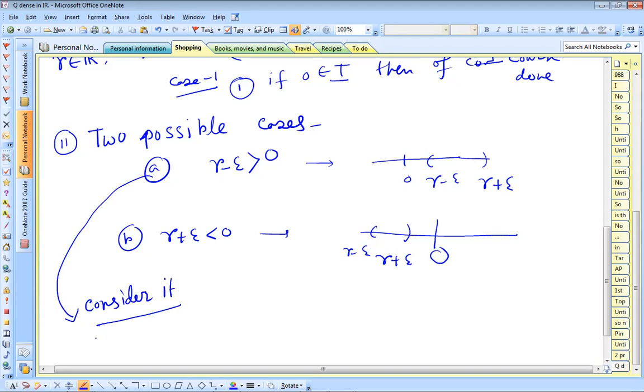Just for the sake of writing, we will take R minus epsilon equal to a and R plus epsilon equal to b, with a, b greater than 0.